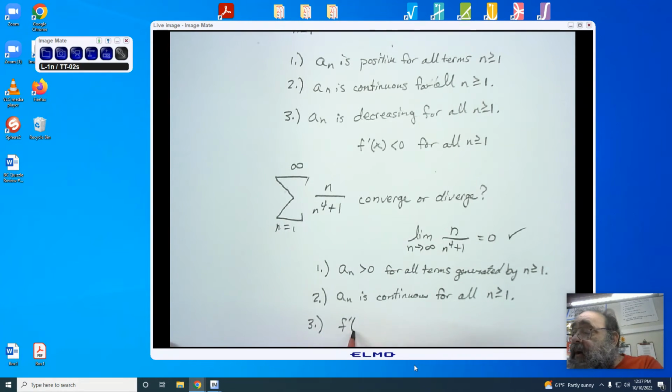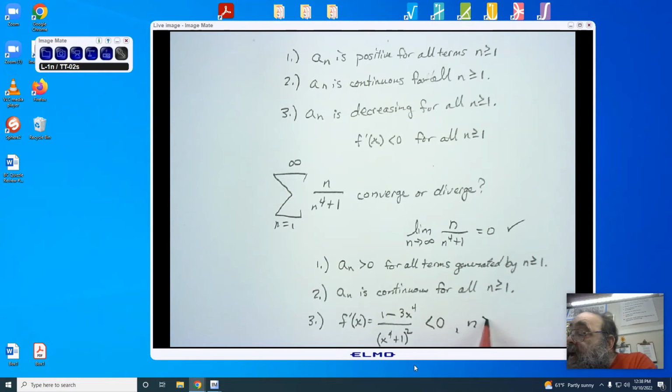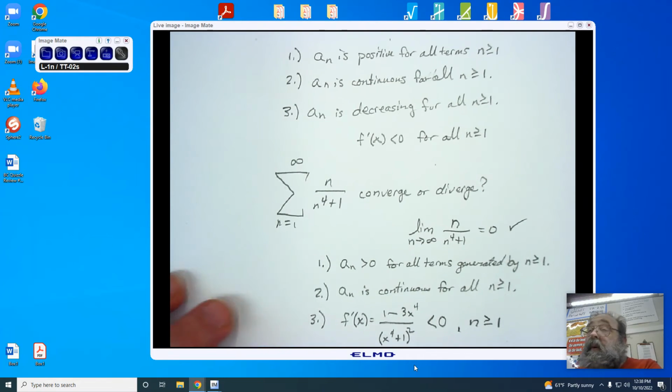I've already found the derivative, and if you do it yourself, you're going to find that it's 1 minus 3x to the fourth power divided by x to the fourth power plus 1, the quantity squared. Now, if I plug in n equaling 1, I'm going to get a negative value. And if I plug in any value greater than 1, I will also get a negative value. So my derivative will always be negative for all values of n greater than or equal to 1.